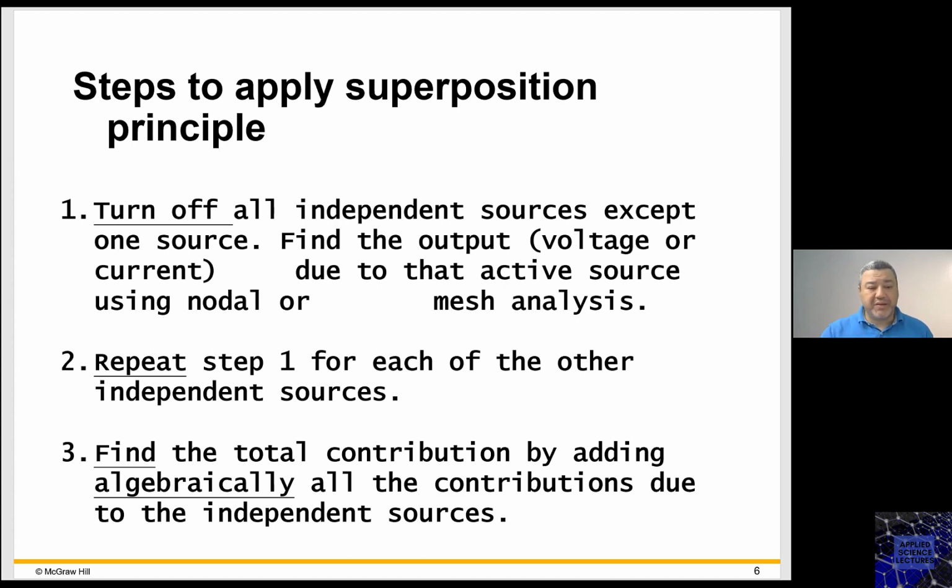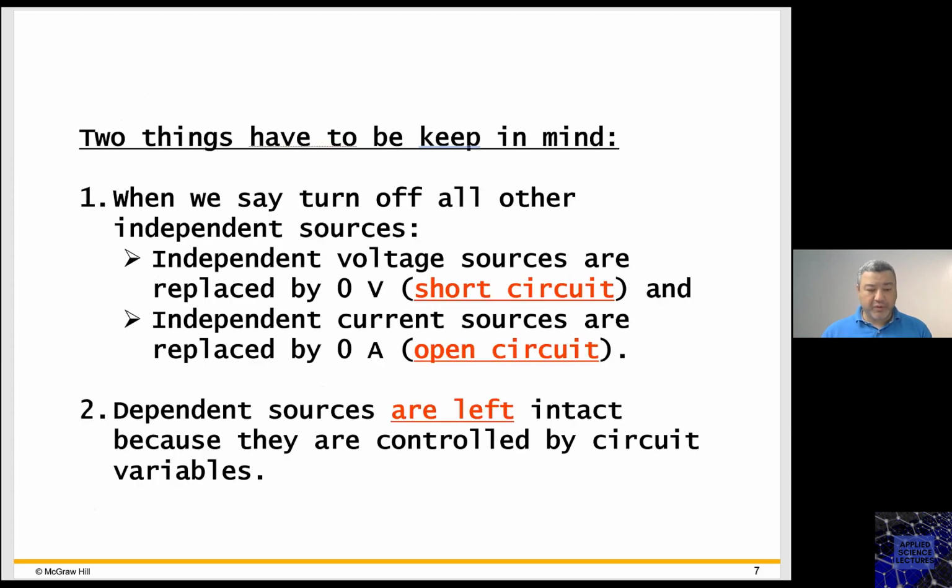And then we repeat this for the remaining independent sources. And then we find the total contribution by algebraically adding those results, either voltages or currents. So, two things to keep in mind when it comes to switching off, and we will see this in an example.